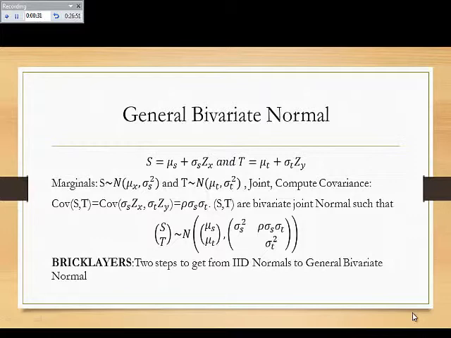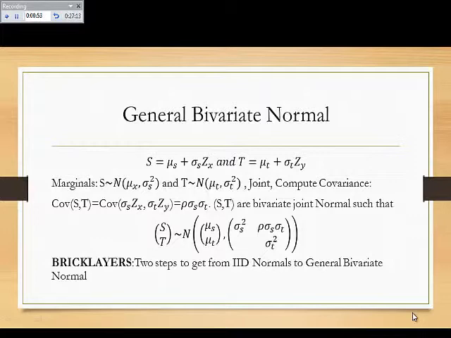Correlation will remain fixed in this operation because the correlation is the covariance of the standardized variables. So if I destandardize them, it won't make any difference to the correlation. So I define S equals μS plus σS times Zx, and T equals μT plus σT times Zy.